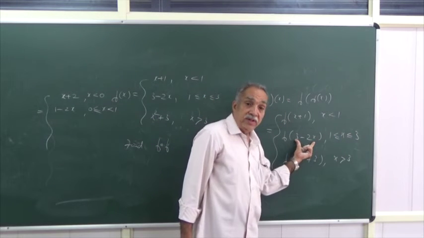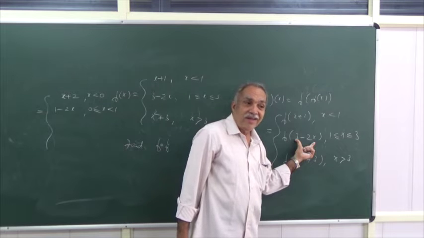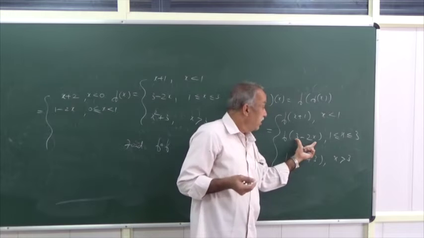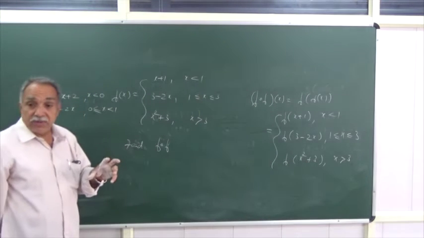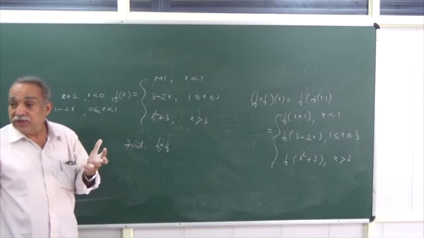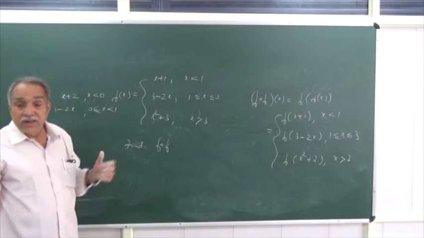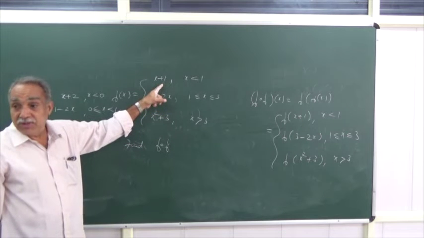This will be between minus 3 and 1. Is a number between minus 3 and 1. Is the same formula usable for all values between minus 3 and 1? Except 1. For every other value, the common formula is applicable.